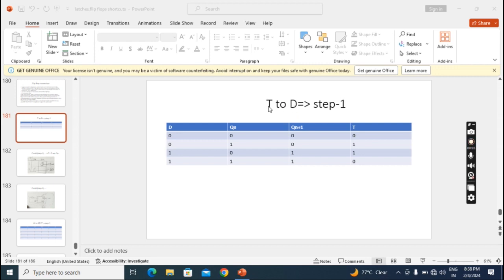So here the given flip-flop is T and the required is D. So I took the D flip-flop characteristic table and the T flip-flop excitation table and mixed them together. This D, Qn, Qn plus 1 is the characteristic table of D. This Qn, Qn plus 1 and T will become the excitation table of T. So here present state and next state will be common to both. Okay. This is step 1.